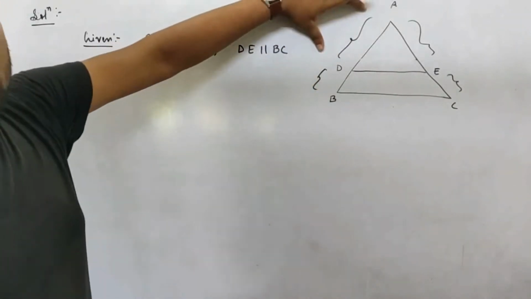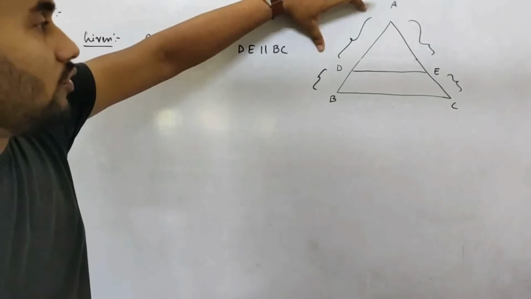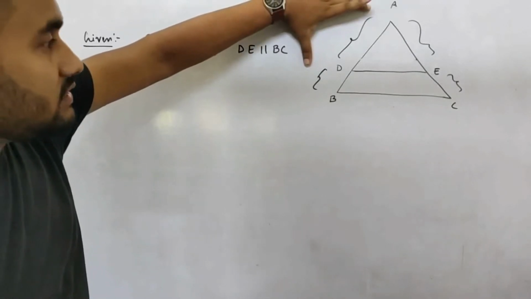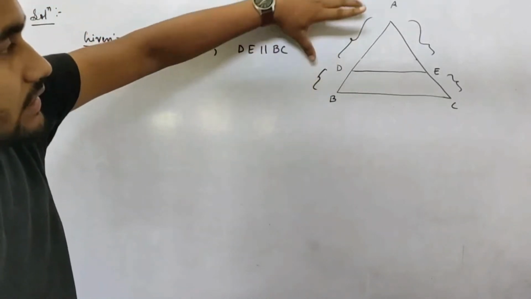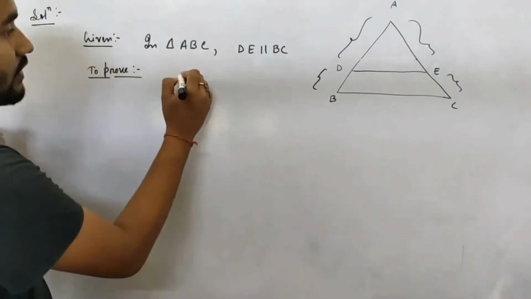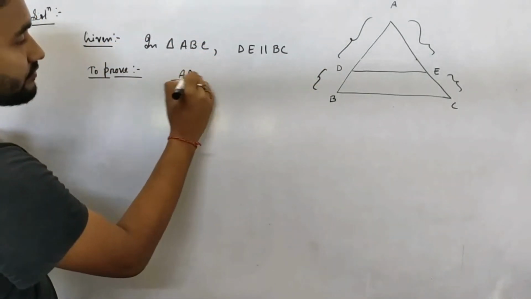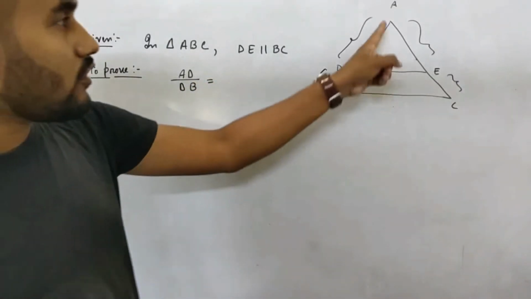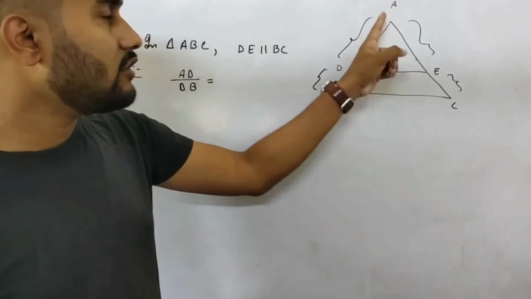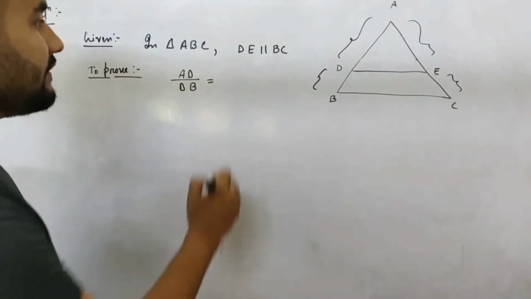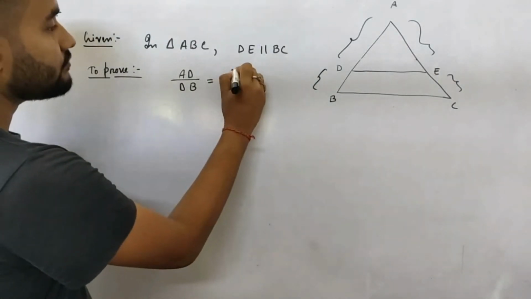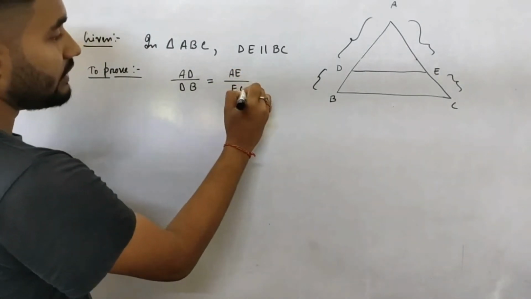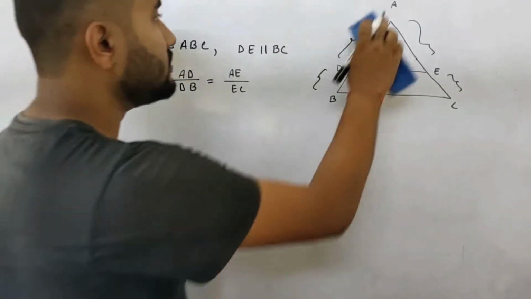That the other two sides are divided in the same ratio. That means if you consider the AB side, then AD by DB will be equal to, and if we consider the AC side, AE by EC. Understood? This is what we have to prove.